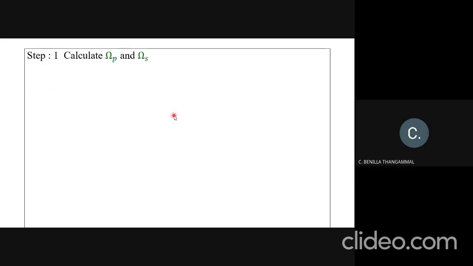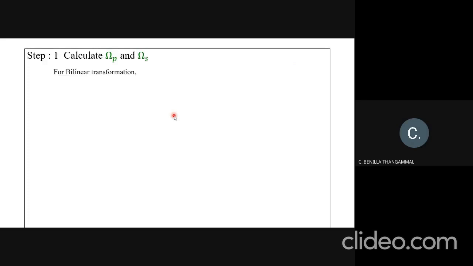You have 7 steps. Step 1 is to calculate your Ωp and Ωs. They ask you to design a digital filter, but the problem gives the digital ωp and ωs, so they should be calculated in terms of analog. For this, you have to use the procedure to convert analog to digital.